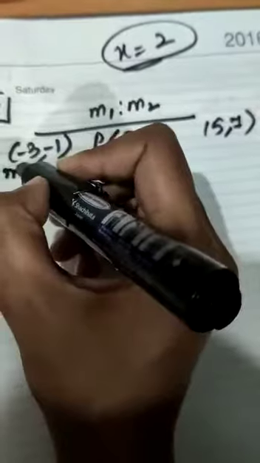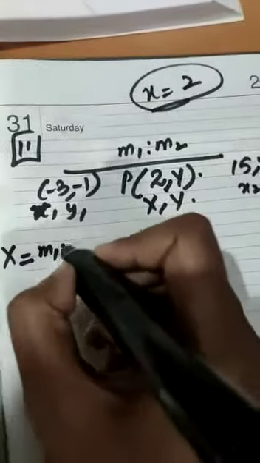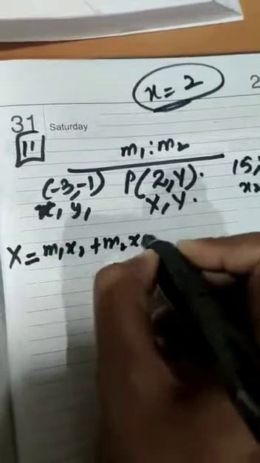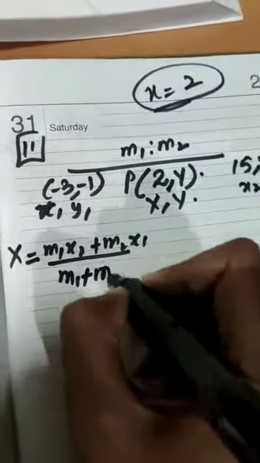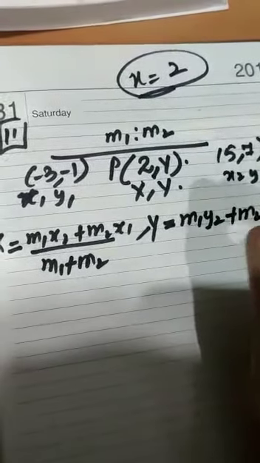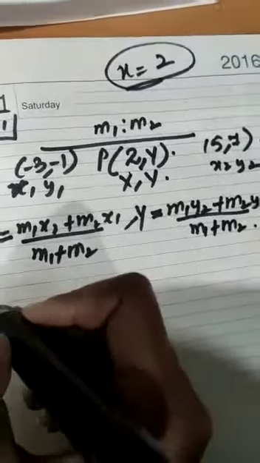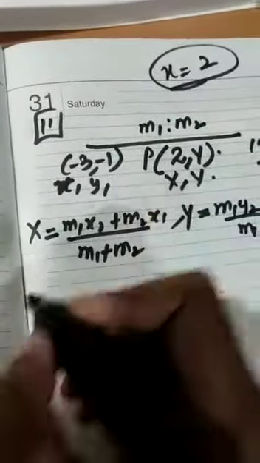So here you have x1, y1, x2, y2, m1, m2, capital X, capital Y. Now X is equal to (m1 x2 + m2 x1) over (m1 + m2), and Y is equal to (m1 y2 + m2 y1) over (m1 + m2). So X is 2.